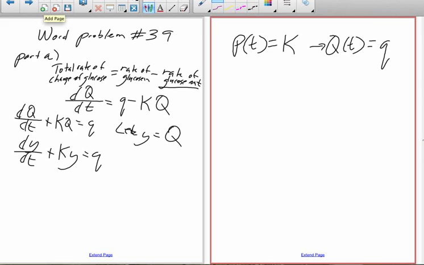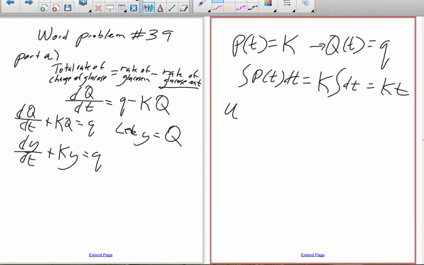So the first thing we need to do then is integrate our p of t dt, which is k times the integral of dt, which is kt. So our integrating factor, u of t, is going to be equal to e to the kt.